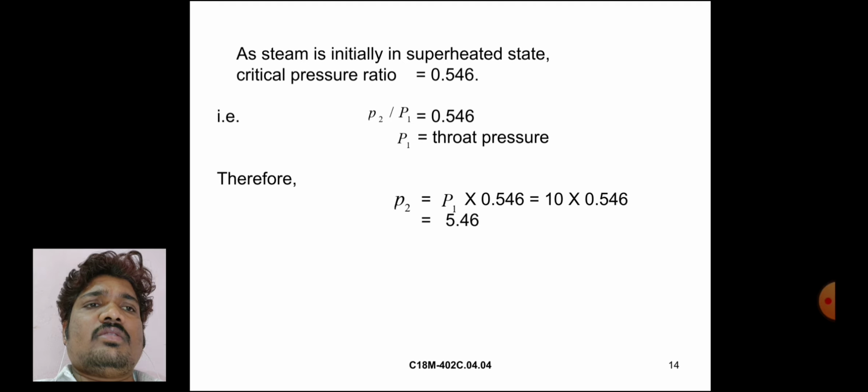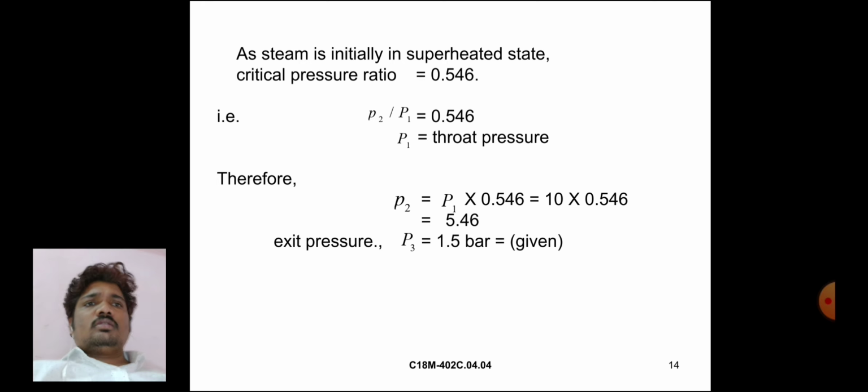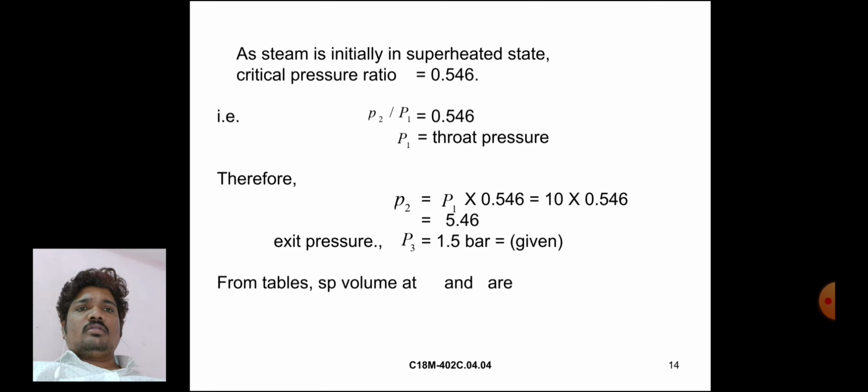Therefore, P2 is equal to P1 into 0.546. Throat pressure is 5.46 bar. Exit pressure P3 is equal to 1.5 bar, given.